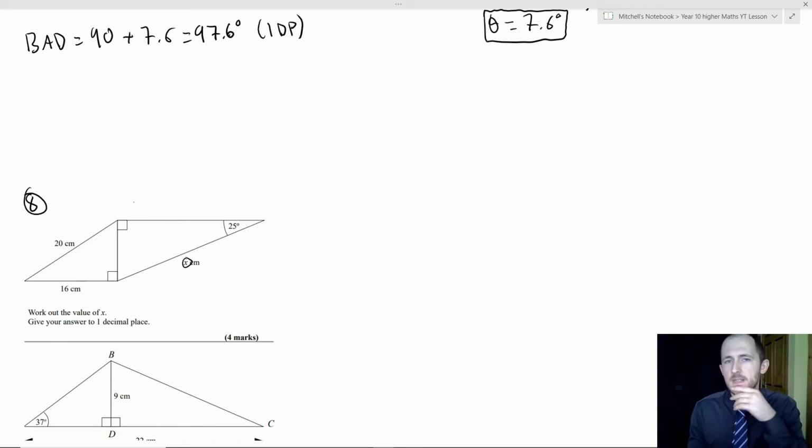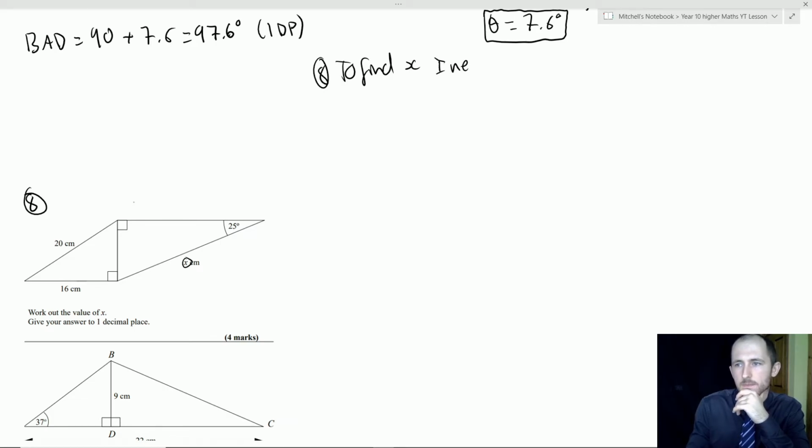However, can we work out some information? So what do we need to work out x? So to find x, if we put question A up here, I need another side, right? So either this one or this one.